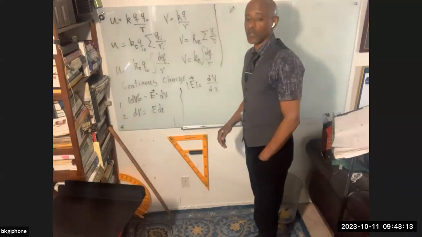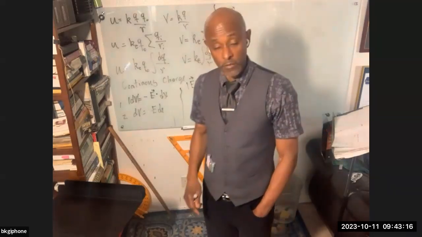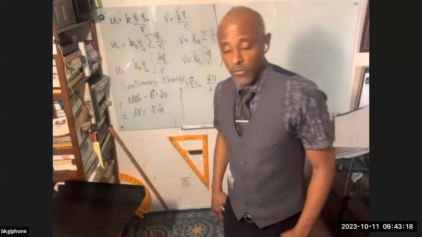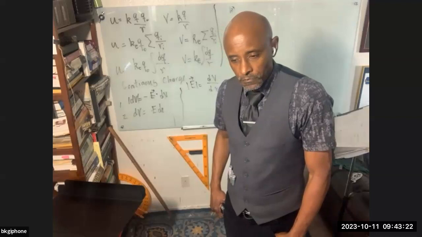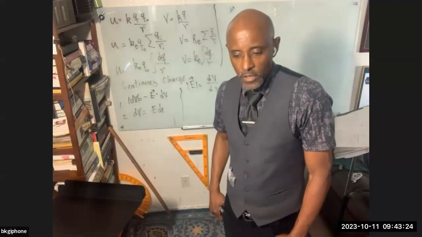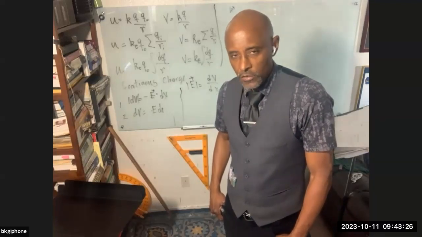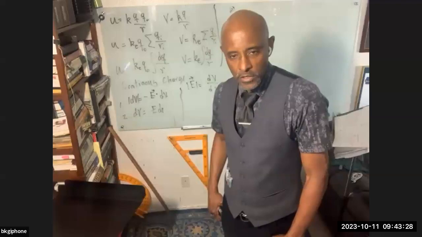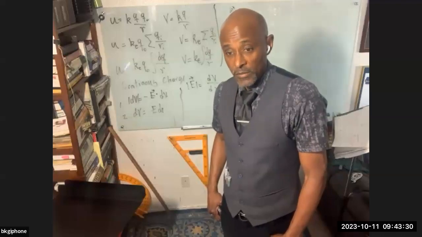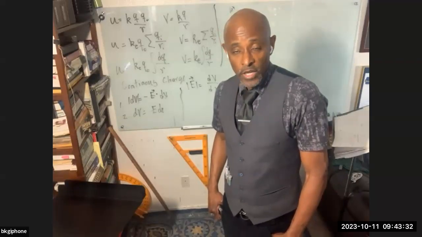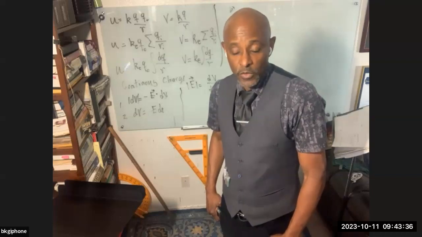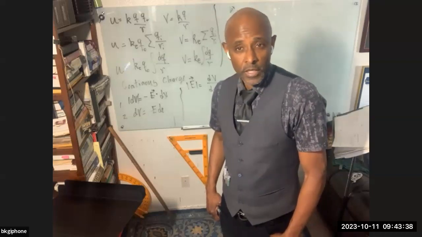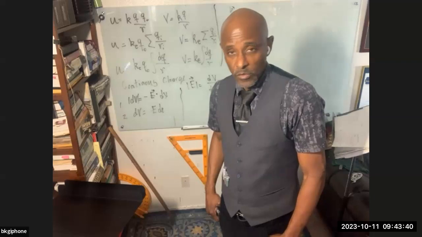And that can be easier than calculating, sometimes, the electric field from Coulomb's law directly. And again, we said we could use Gauss's law, but we can only use Gauss's law in situations of high symmetry. And we might not have high symmetry. Oftentimes we won't.